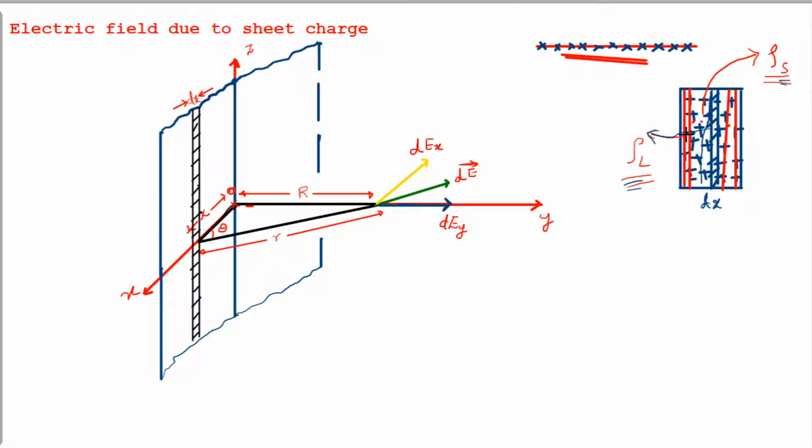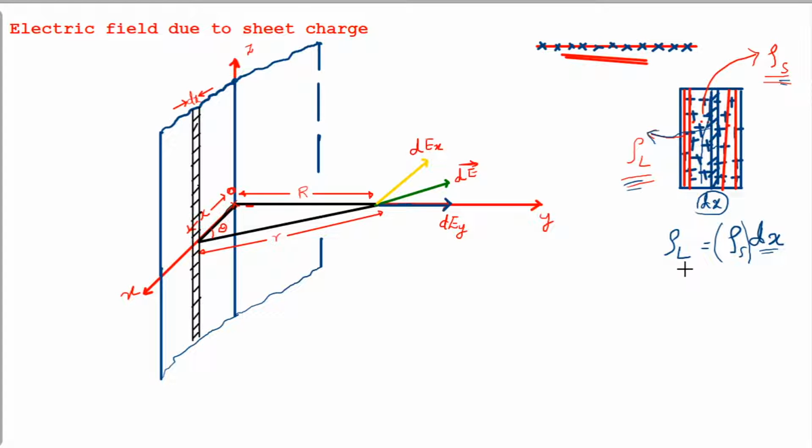So this rho, which is the density of this small portion dx, can I write it as rho s times the small portion dx? Agree? So the line charge density of this width portion dx can be written as the entire sheet charge density multiplied by that small portion dx.